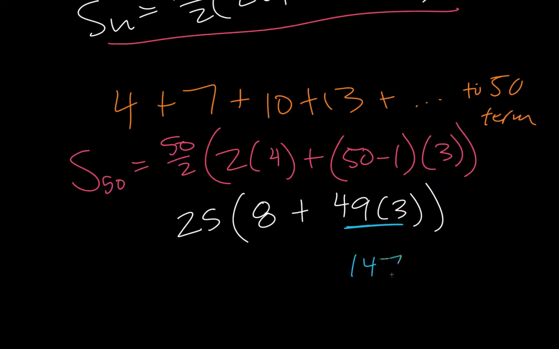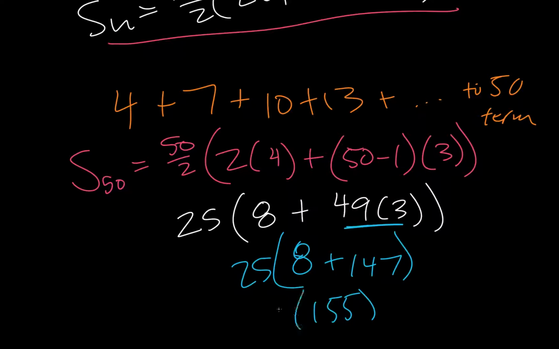So that's going to be 147. And then if we add 8 to that, that's going to be 155. And then if we multiply those together, we get 3,875. Feel free to use a calculator to aid in that simplification.